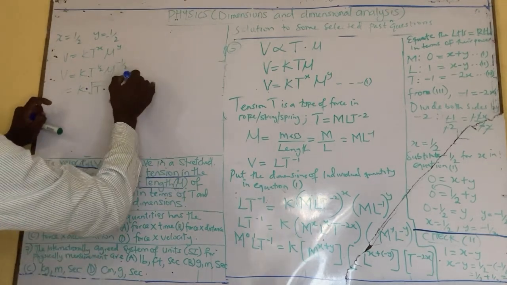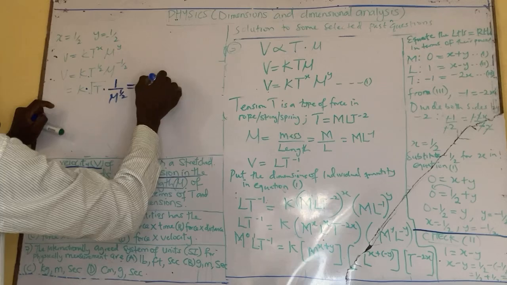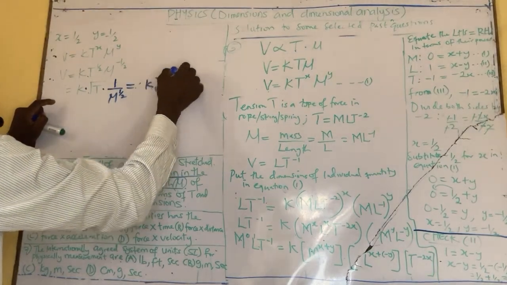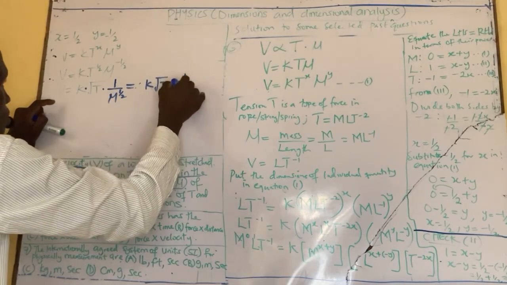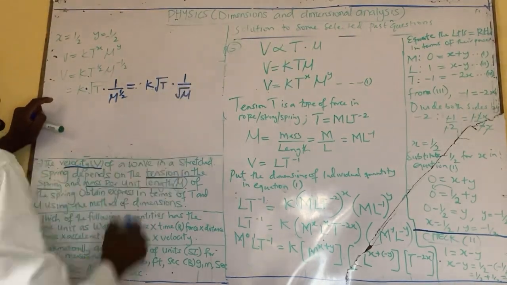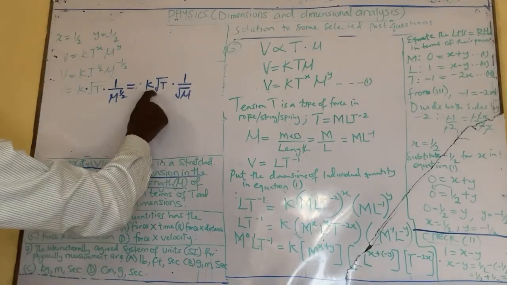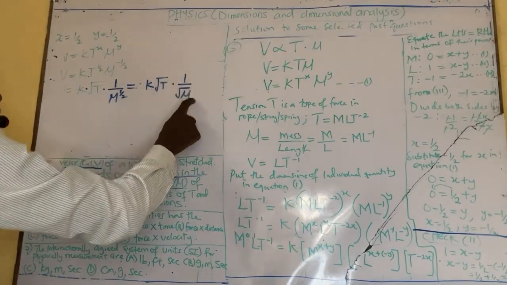So it can be equal to k root t times 1 over root mu.